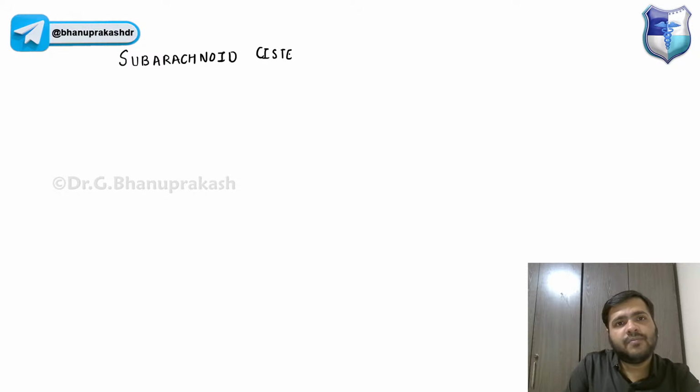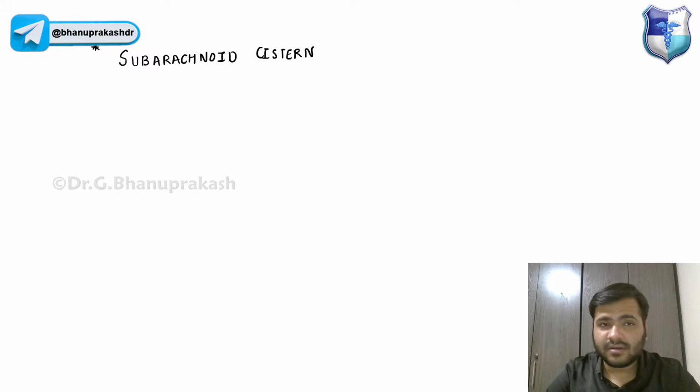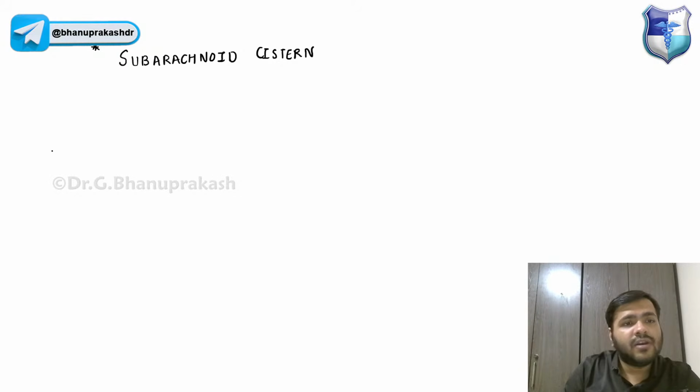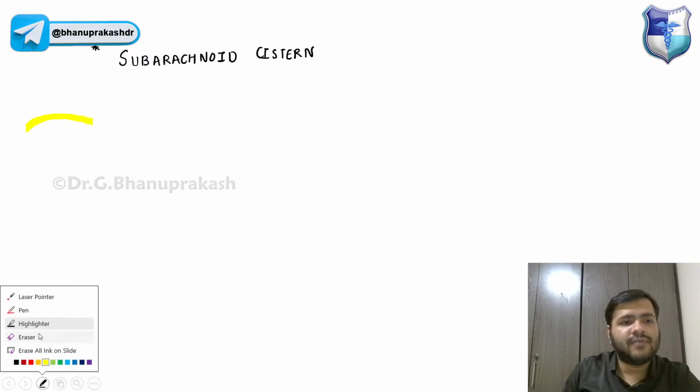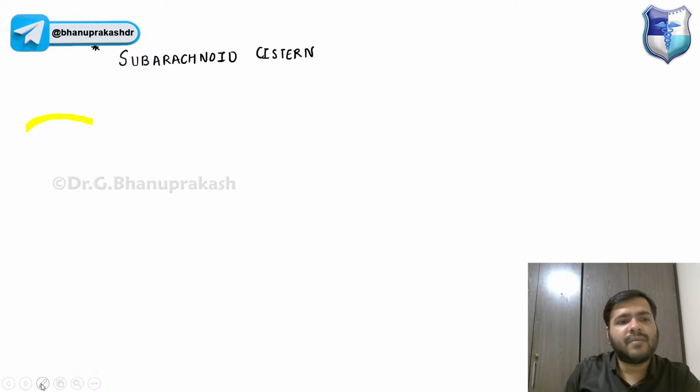Very, very important. Now, what is this subarachnoid cistern, guys? You already know. Let me just show you first. We have this pia matter, right? This is the pia matter.